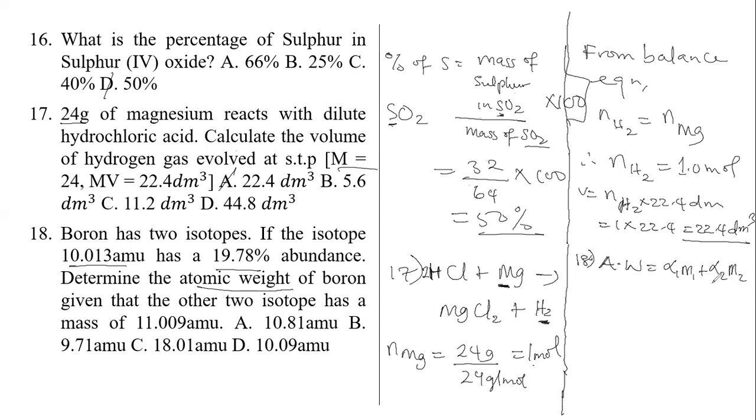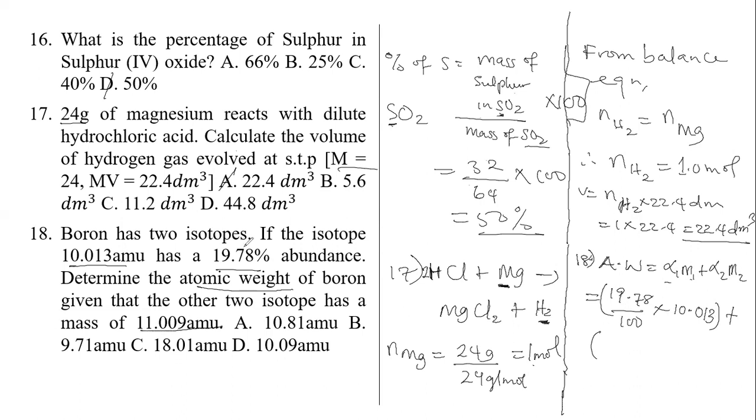It is very straightforward. Now, the first one is 19.78%, and the mass of that one is 10.013. So plus, what's the abundance of the second isotope?